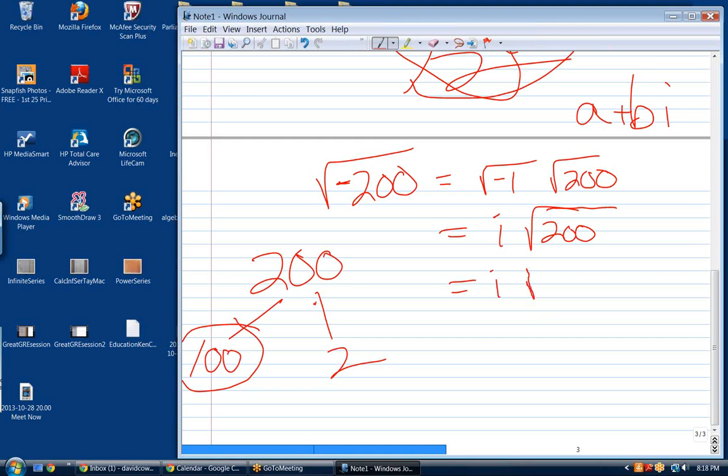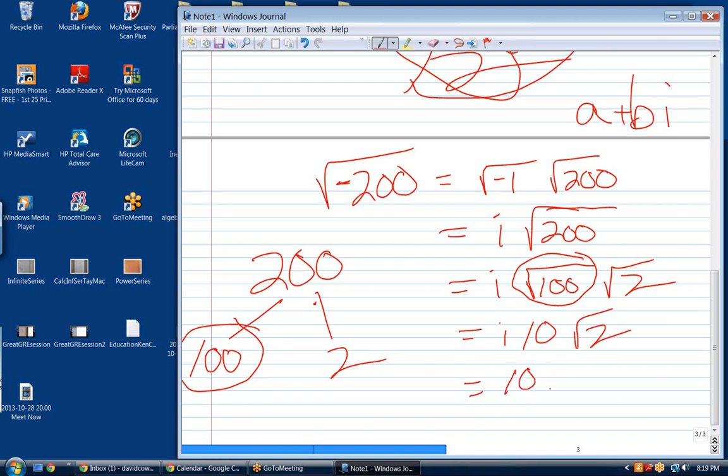Well, we can write it like this, right? And then this becomes 10. I might not stick the i in front like that. I would probably write it like this. Be a little careful when you're writing these.